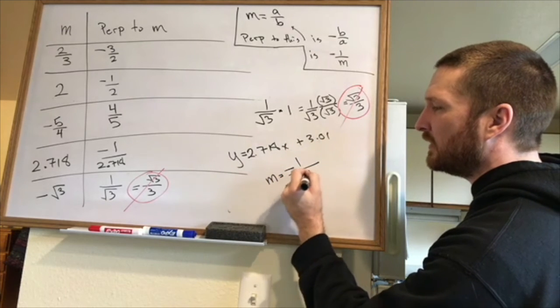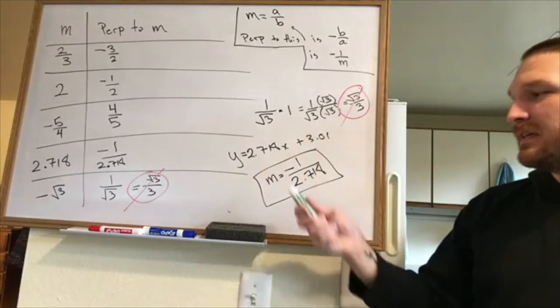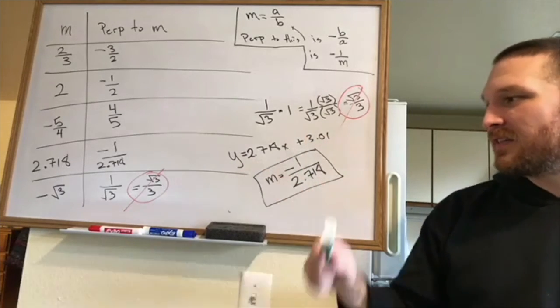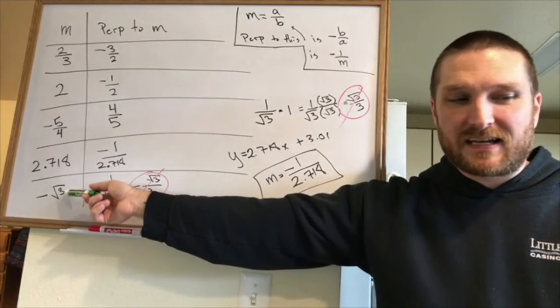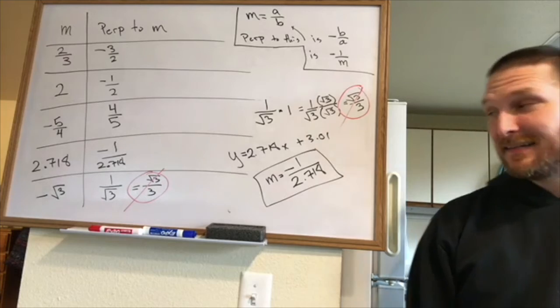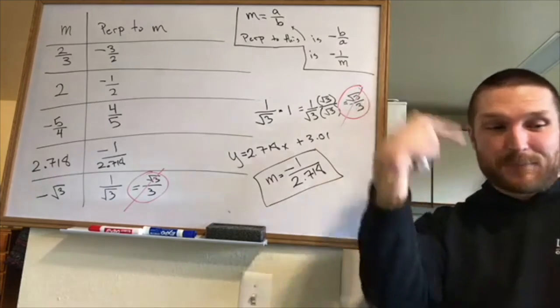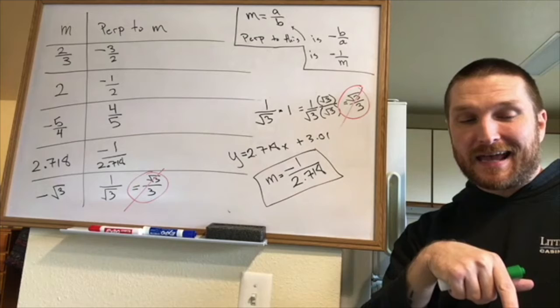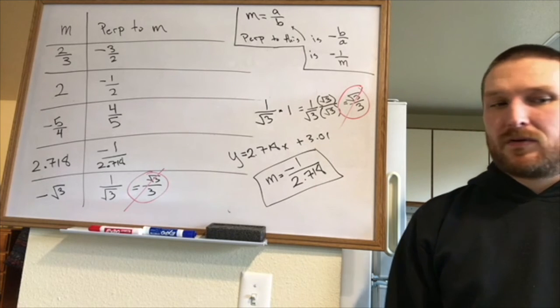That would be the slope that's perpendicular to this. Even if it's something like the square root of something, or like 10 to the 10, you just take whatever number it is, put it in the denominator and put a little negative in front of it. So we good there?